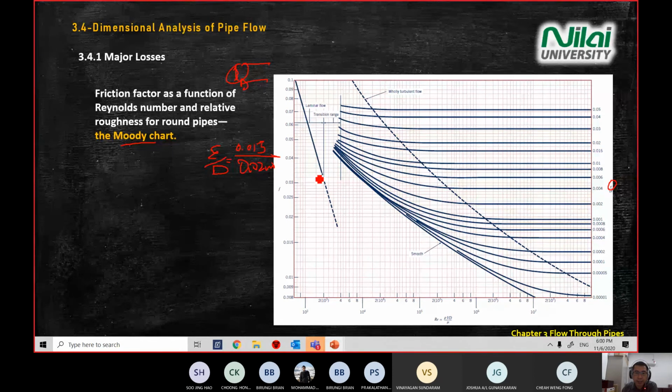And then you have a transition range, which is very, very small. That's why there's no value here, because it's very hard to get data in the transition range. They might give you a hint, or there might be a trick question on the transition range. If the value falls within here, it means it's a transition flow.